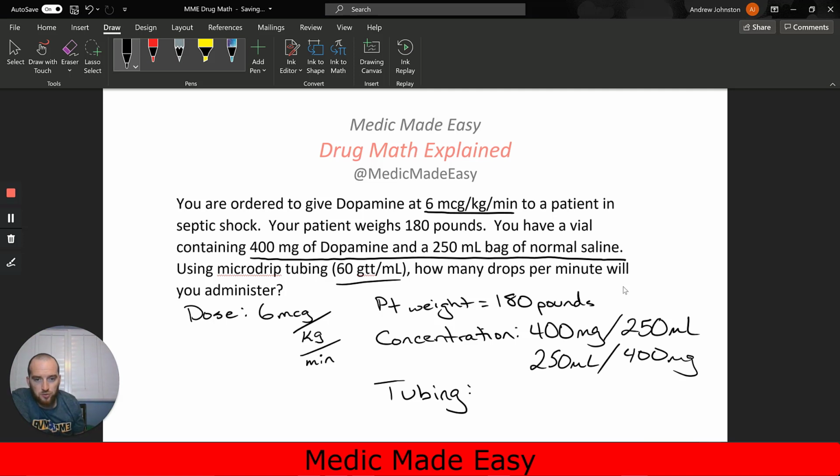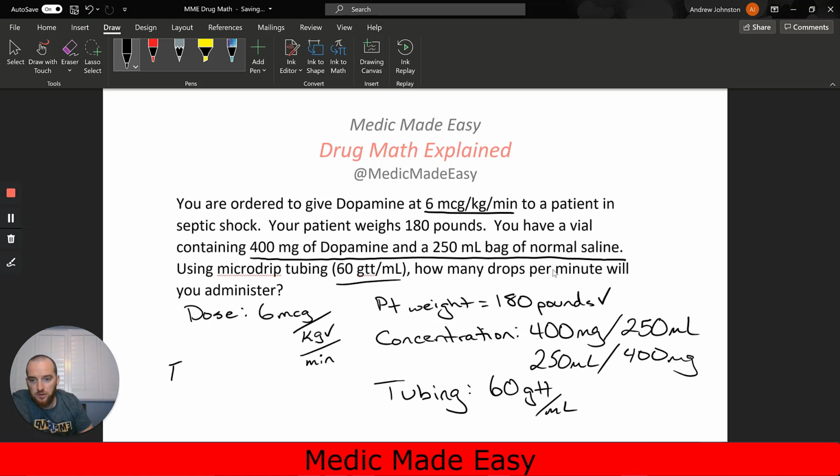Micro drip tubing, which is our 60 drops per milliliter. So we need to talk about facts, right? What facts do we have? We have a dose that is based off of a patient's weight in kilograms, but we have a patient weight given to us in pounds.